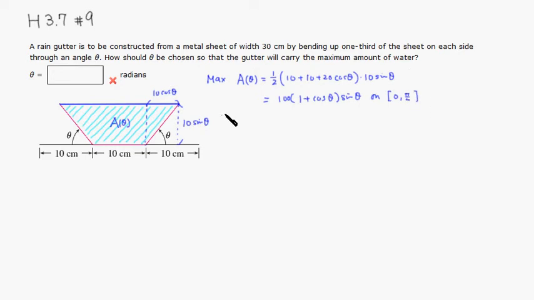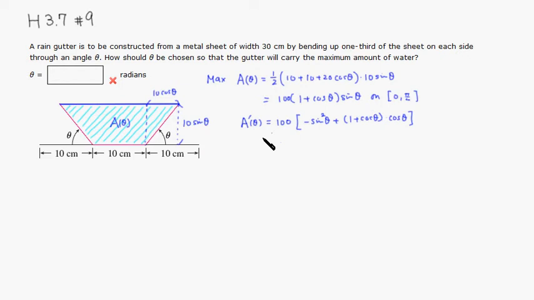Then let's look at that. We take the derivative of the cross-sectional area. 100 is just a constant multiple. The derivative of 1 plus cosine of theta is negative sine of theta, times sine of theta, so negative sine squared, plus 1 plus cosine of theta times the derivative of sine of theta, which is cosine of theta.